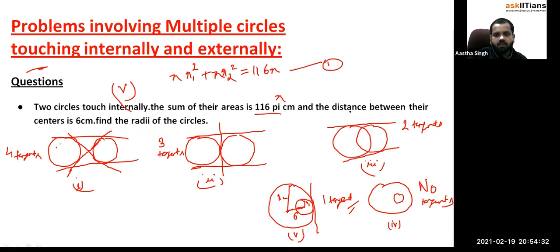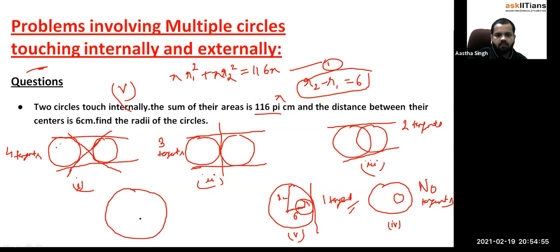What is the second? The distance between their centers is 6. It means basically R2 minus R1 is equal to 6. Why? Just look at the diagram. Let me show you with a nice diagram.